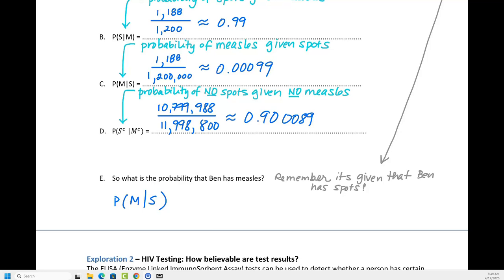That was part C. Oh, part C. Sorry, I was looking. So this would be equal to 0.00099. So it's less than 0.1% that he has measles if he has spots.